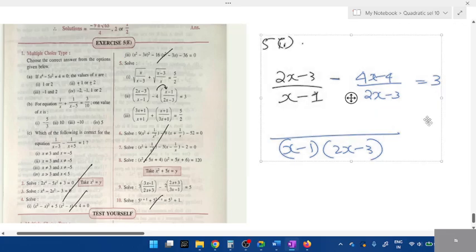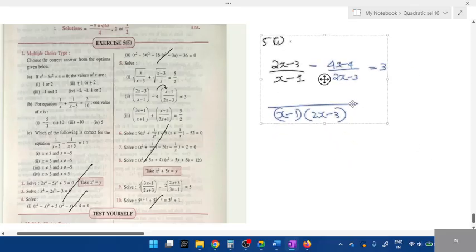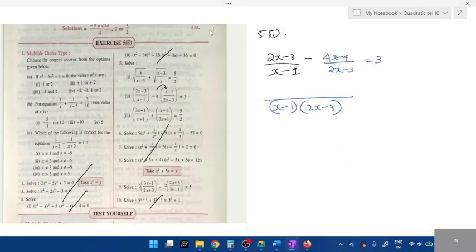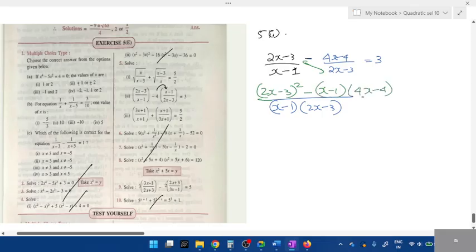Okay. By now, you all should be thorough with all this. LCM, how to cross multiply. What's the next step? How many times is 2x minus 3 multiplied? Twice. Can I write it like this? Right? x minus 1 into 4x minus 4 is equal to 3. Is it clear?